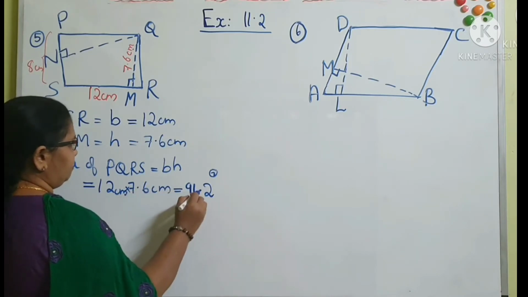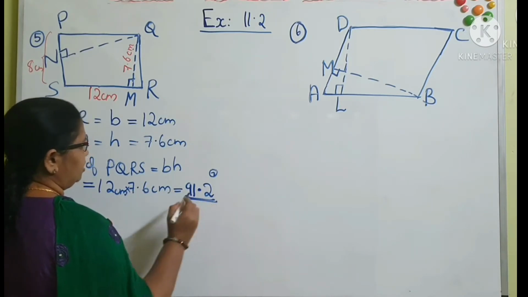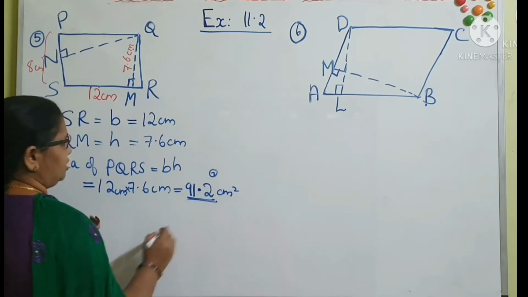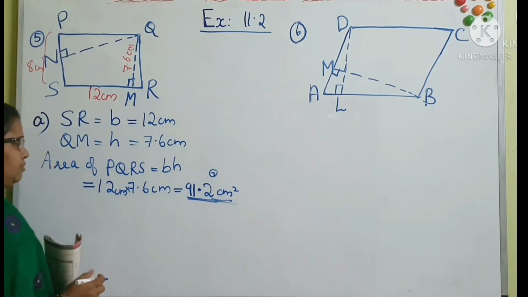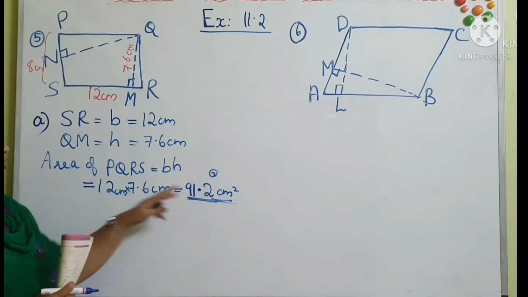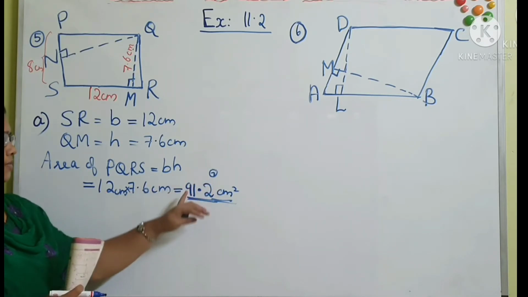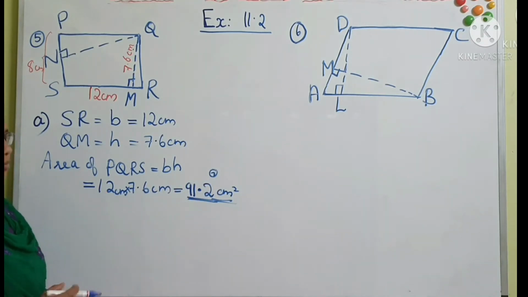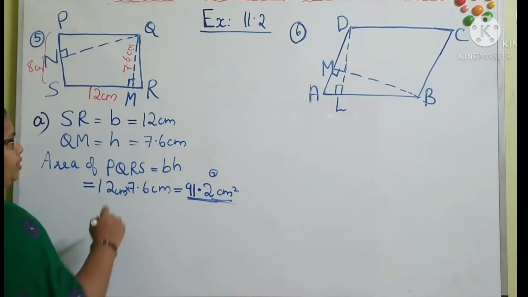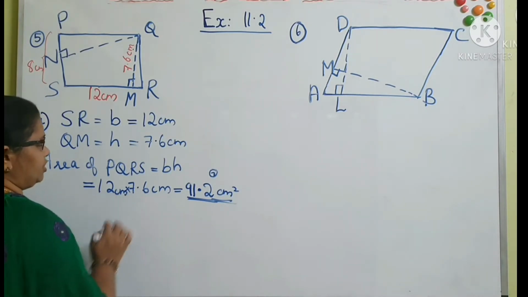And one decimal part. So centimeter into centimeter, centimeter square. So 91.2 centimeter square. Or you can multiply it as whole numbers, 12 into 76.